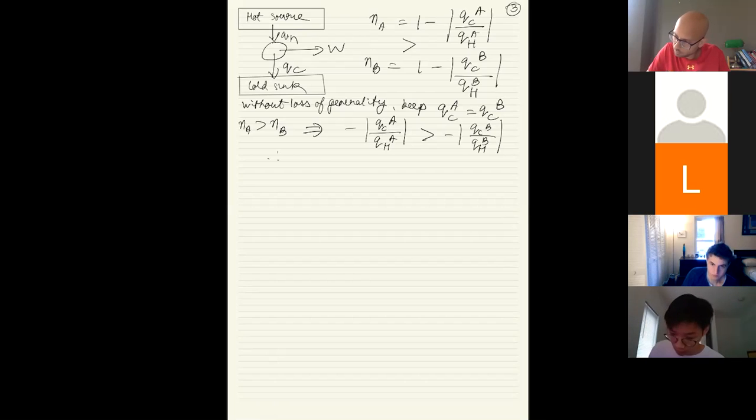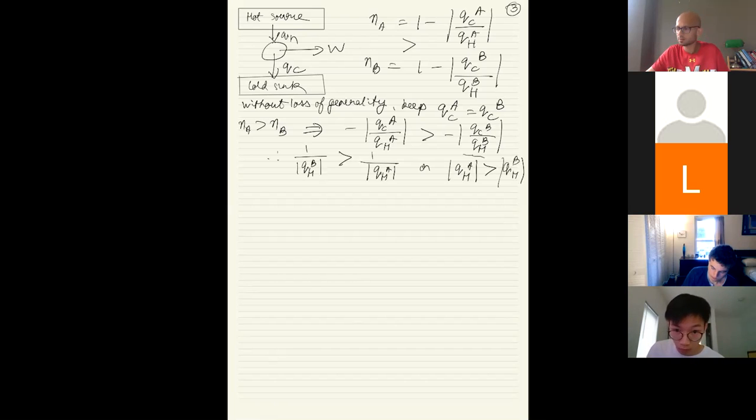Therefore 1 over this thing can come to the left side and the minus sign can be gotten rid of. 1 over QHB is more than 1 over QHA, or QHA is more than QHB.